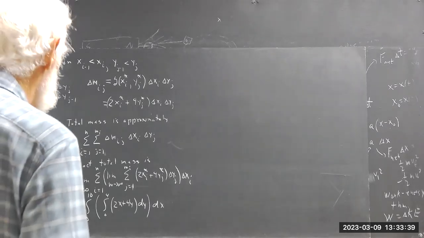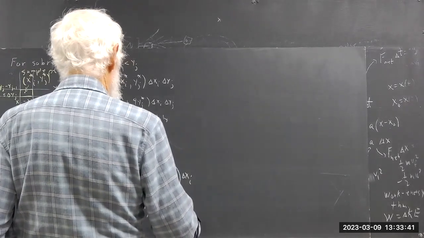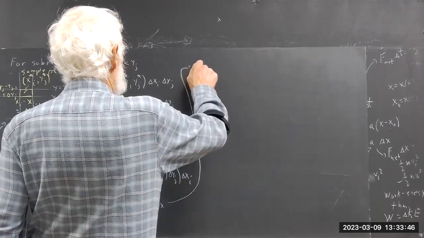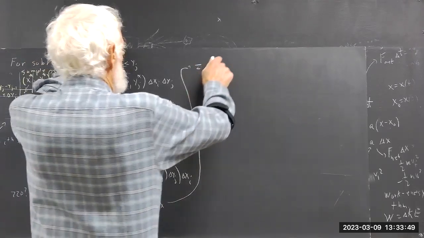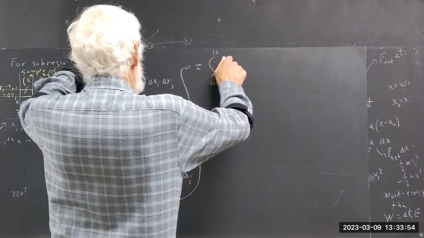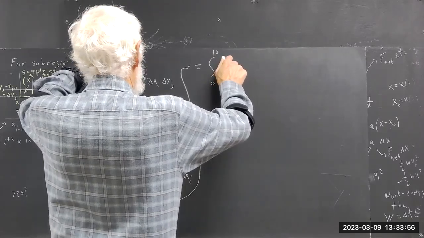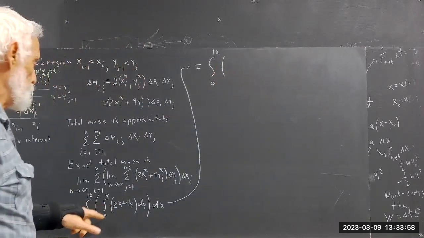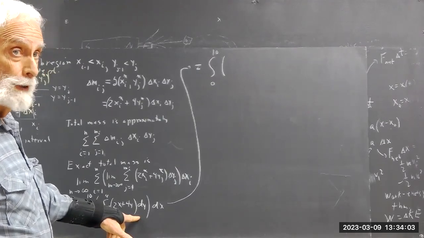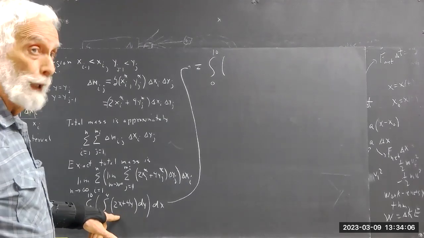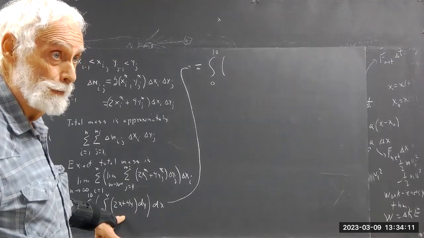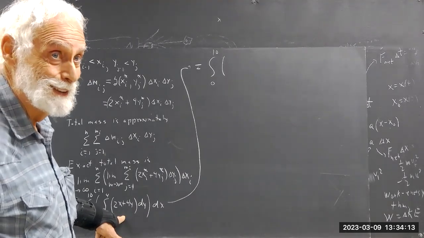This integral is then the integral from 0 to 10 of the antiderivative of 2x plus 4y with respect to y. That means something: if we do the y derivative, we're going to get this back, right? If you don't get this back when you do the y derivative, then something is wrong.